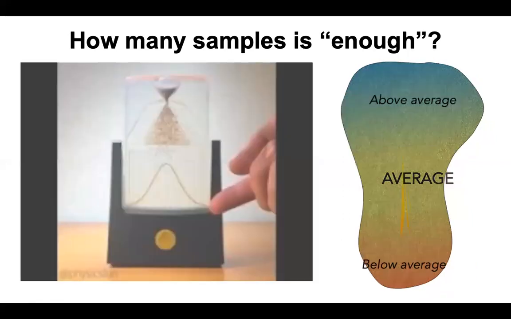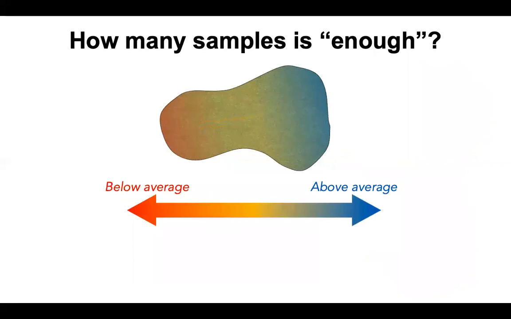So when we apply this to soil sampling, when we look at our field, we say, yeah, there are going to be some points here that are below average, and some of the points that we take are also going to be above average. But what we're interested in is the average representing the entire field, right? We can't go out and just take samples of every single spot on the field, unfortunately.